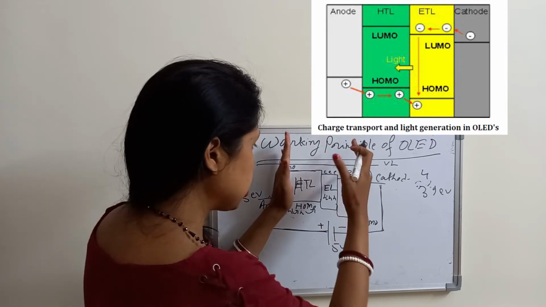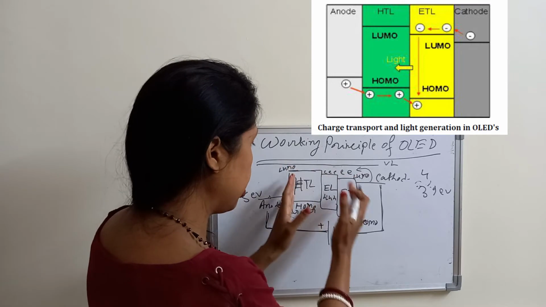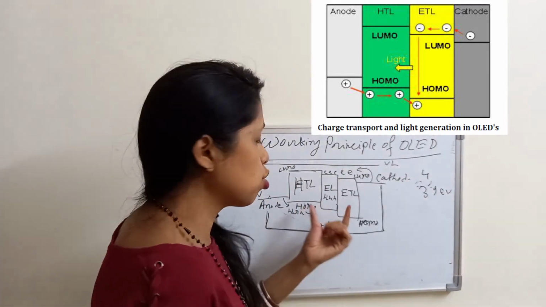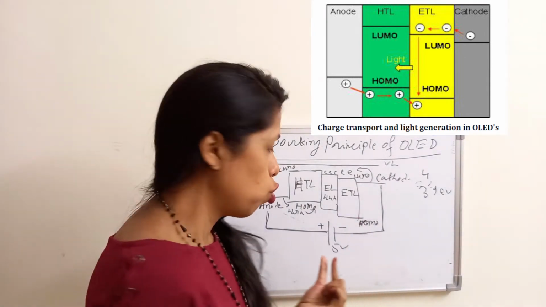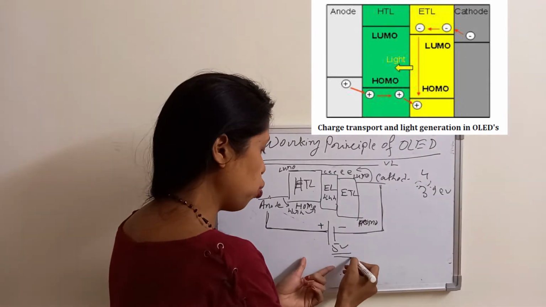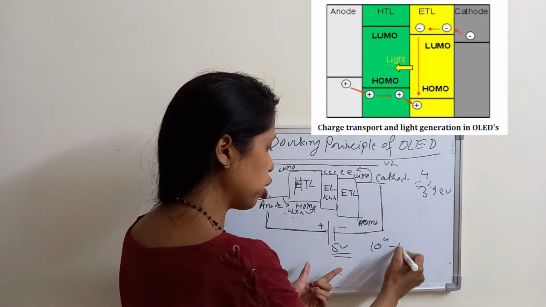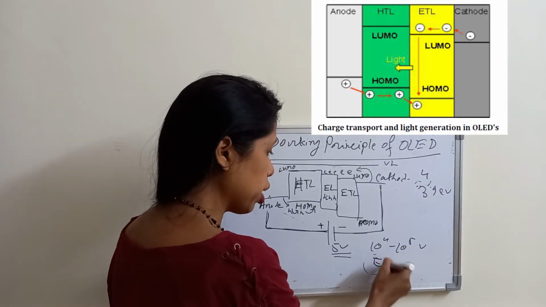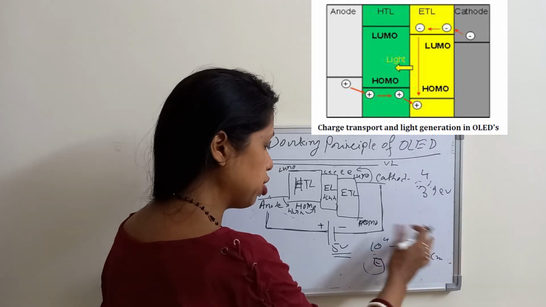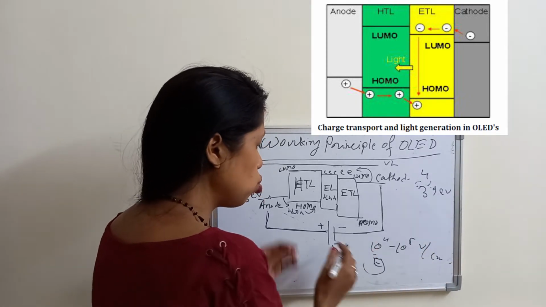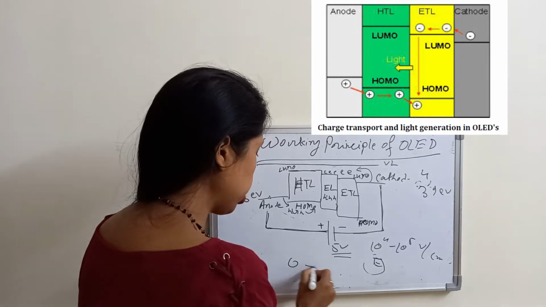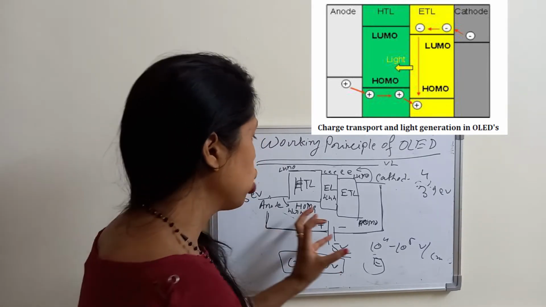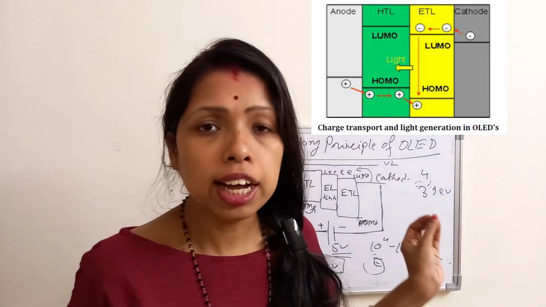Okay, suppose there are multiple layers, say 3 layers. The thickness of the 3 layers is very thin. Suppose if we apply 5 volt, we will get an electric field of 10 to the power 4 to 10 to the power 5 volt per centimeter. Normally a 0 to 10 volt power supply is required to inject electrons and holes inside the device.